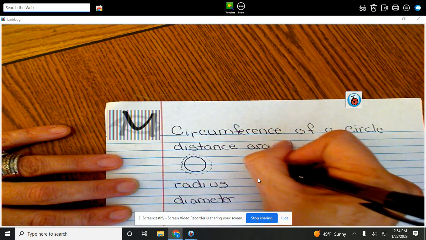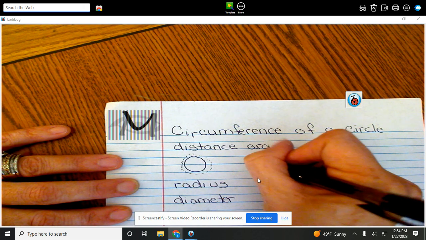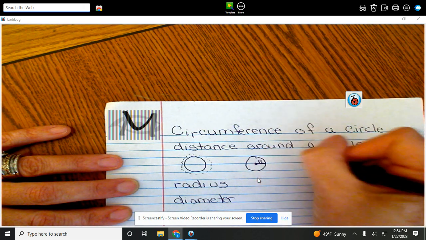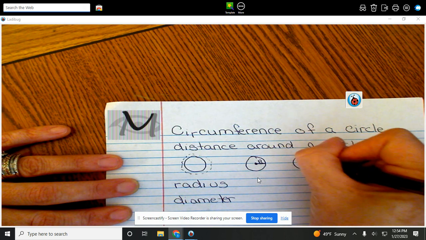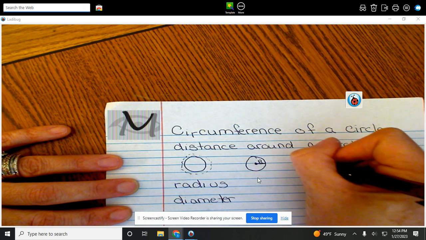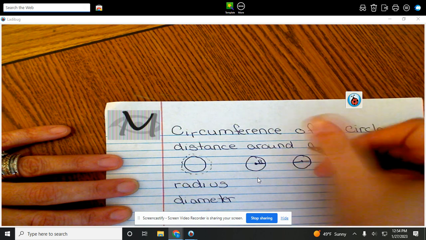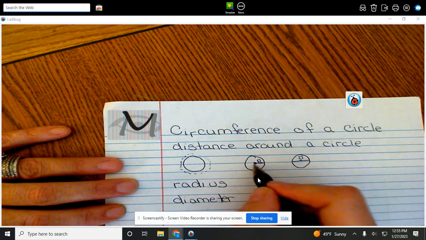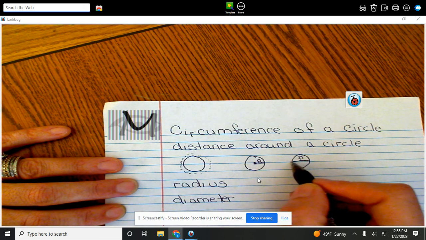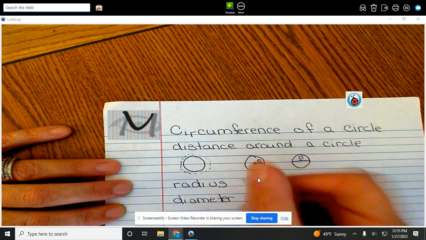So that's only if you're given half of a circle, and that is a radius. If you put one arm out and the other arm out and you're touching the whole pool, that is called the diameter. So one arm out touching the side is the radius, and two arms out touching the side is the diameter.